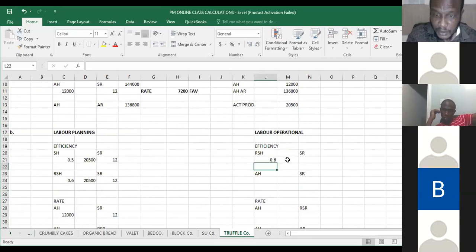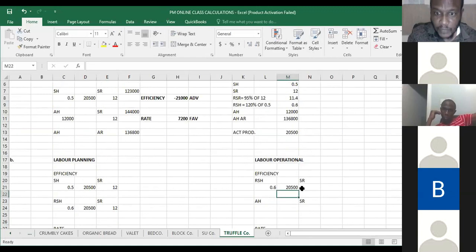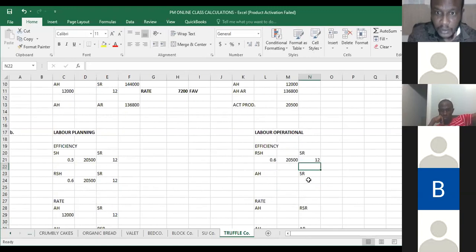Don't forget that. Then we have our standard rate, still the same 12. So we can have the standard rate replicated everywhere we need it. So 12 again. And our actual hour, we have actual hour as 12,000 up. Anywhere you want to pick it from is fine.